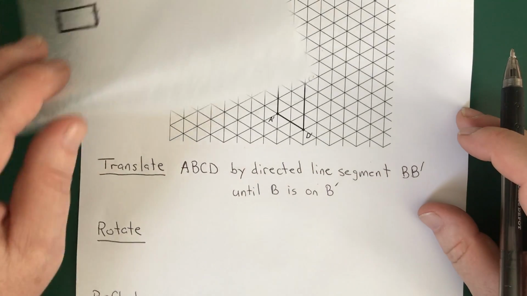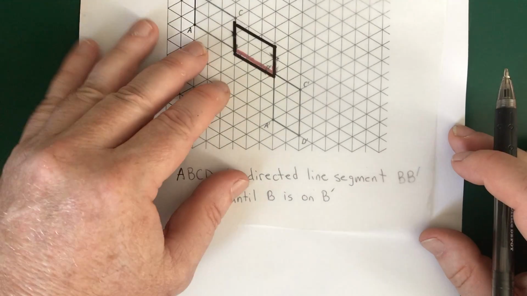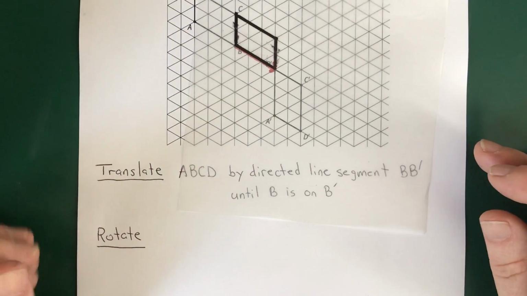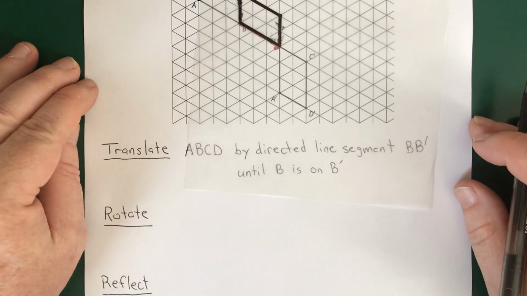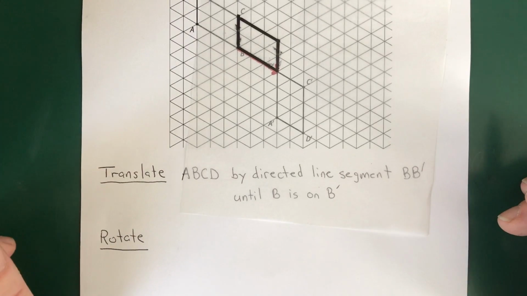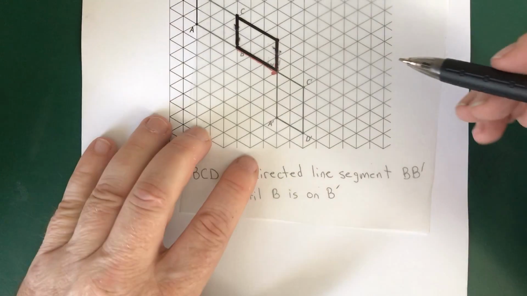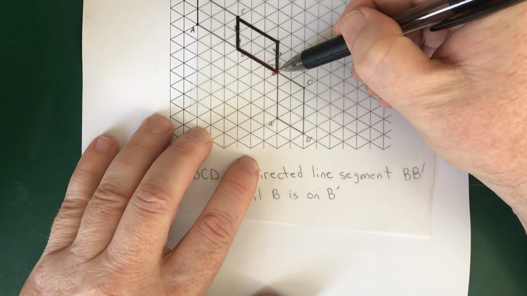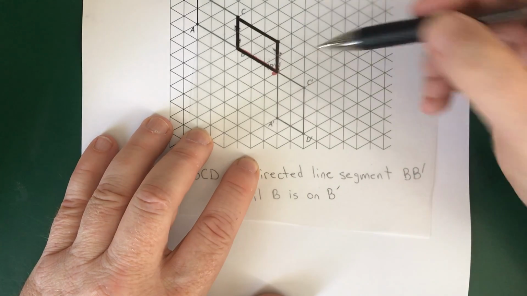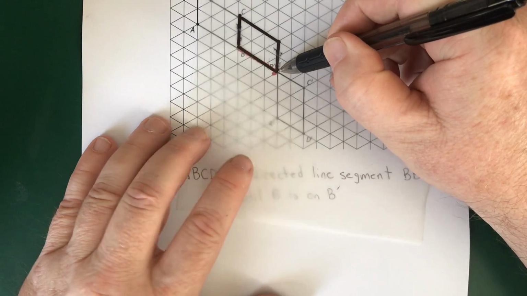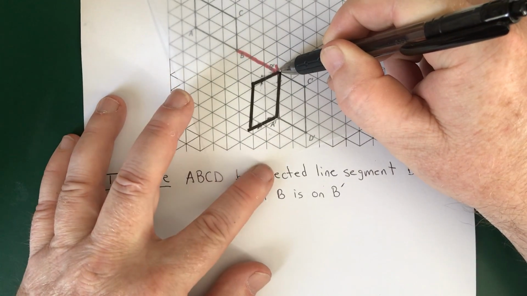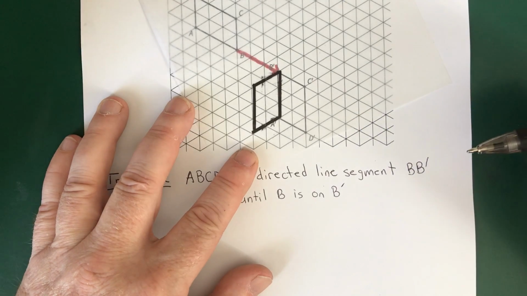Okay. So now I have B in the correct place, so I want to make sure I don't move B. Now my object with my second transformation is to get a second point in the correct place. Right now, B is in the correct place, A is up here, and A prime is down here. So I could get A into the correct place by rotating like this. That's one option I have.